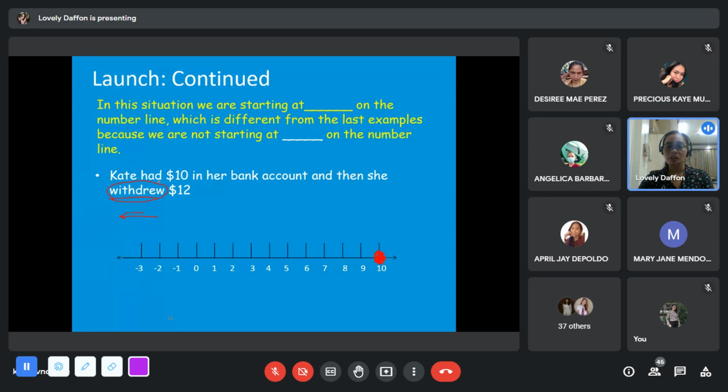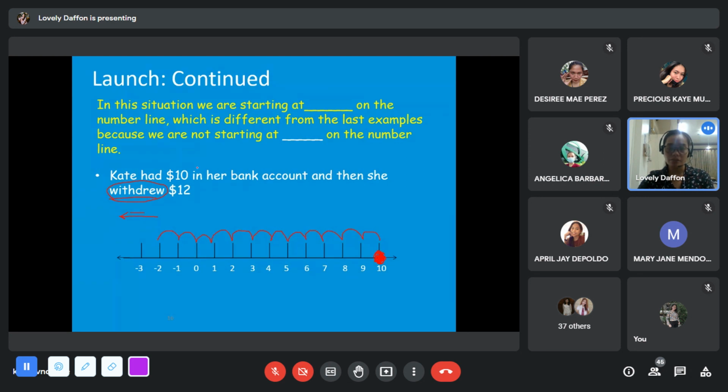So if Kate withdrew $12, then we have to move 12 steps to the left. Okay. So from 10, we have 1, 2, 3, 4, 5, 6, 7, 8, 9, 10, 11, and 12.